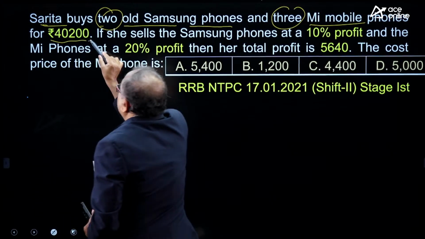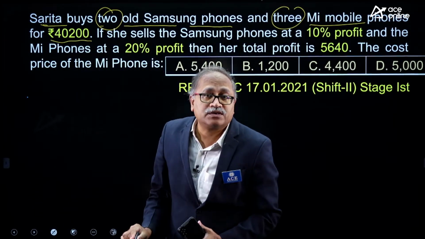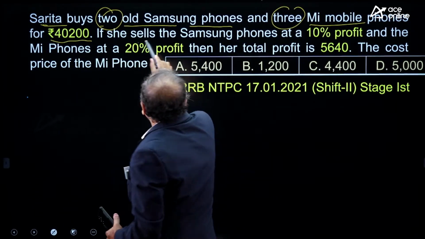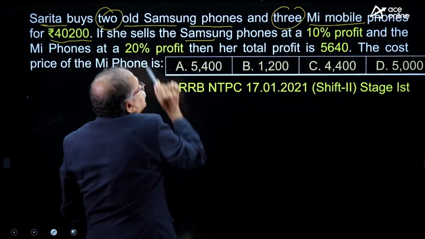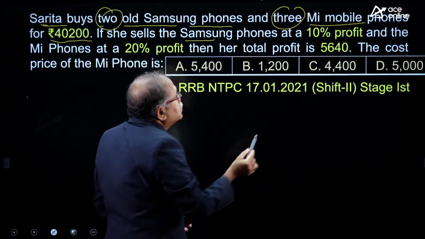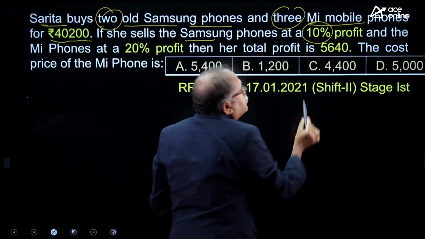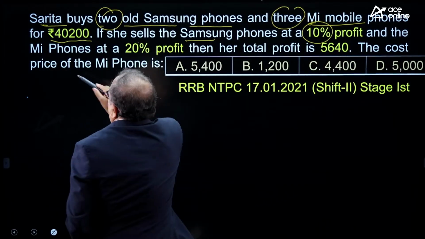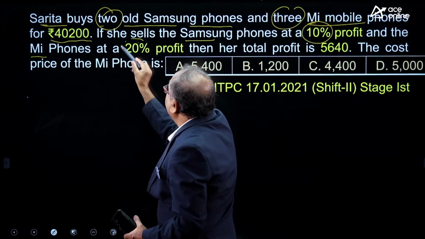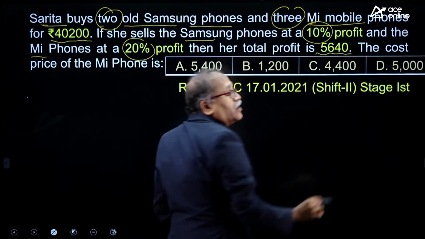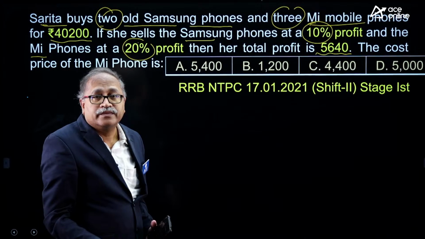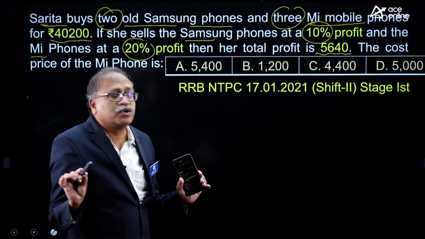The total amount is rupees 40,200. If she sells the 2 Samsung phones at 10% profit and the MI phones at 20% profit, then the total profit is 5640. Very common question in profit and loss.